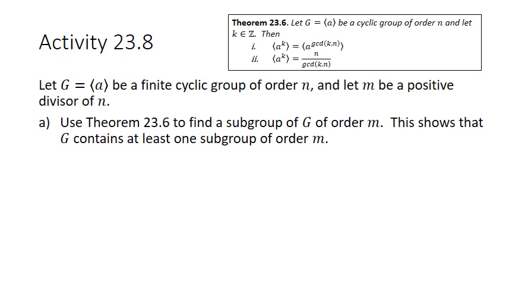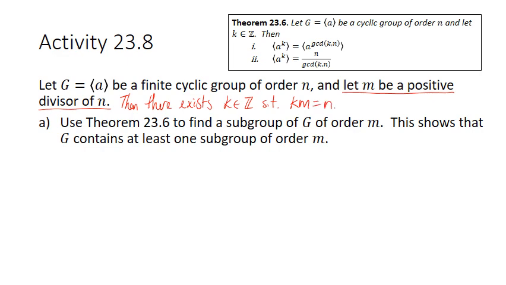So this is a little bit tricky, but let me show you how to do it. We've assumed that m is a positive divisor of n. What that means is that there exists some other integer, we'll call it k, such that k times m equals n.